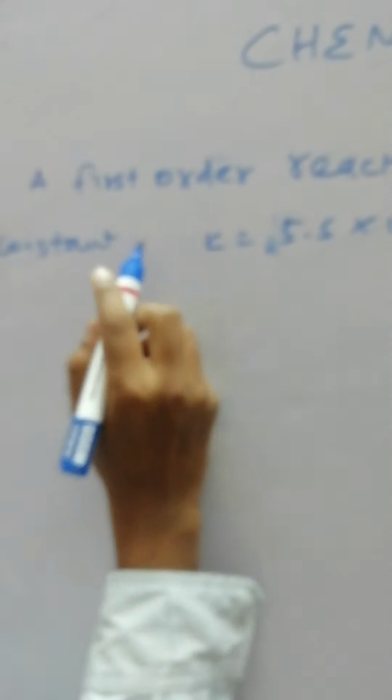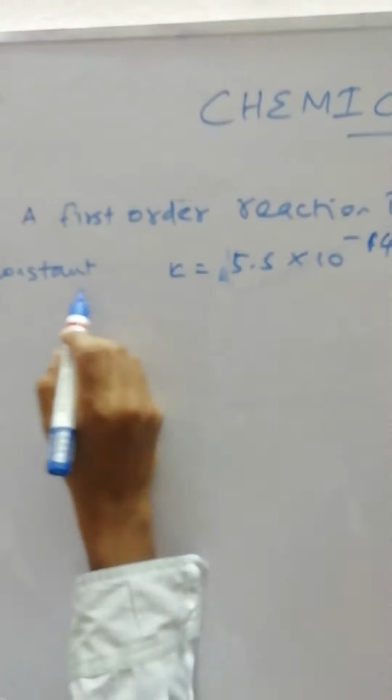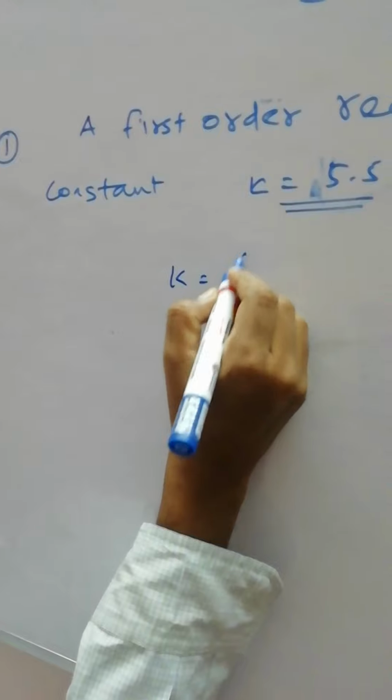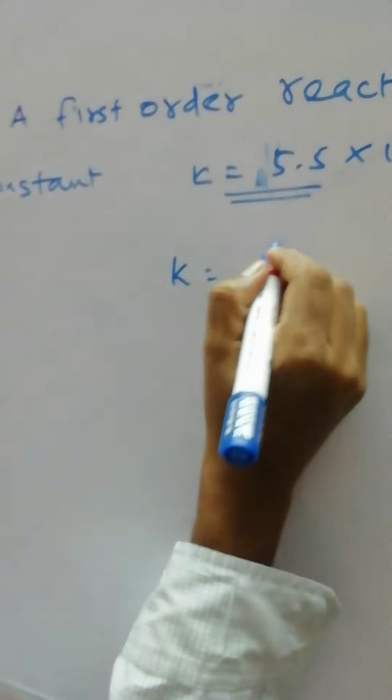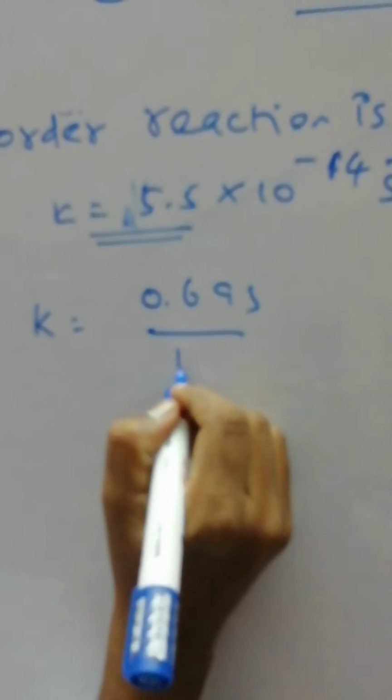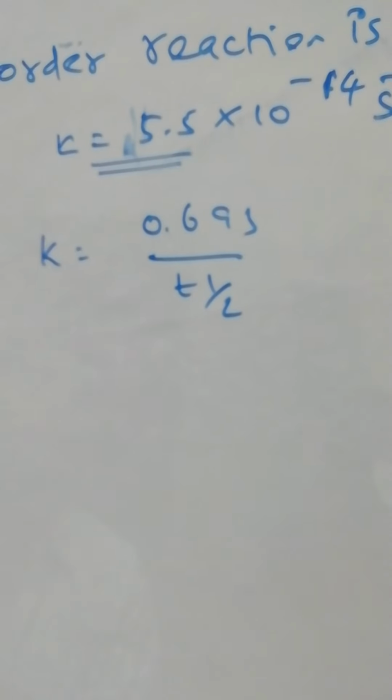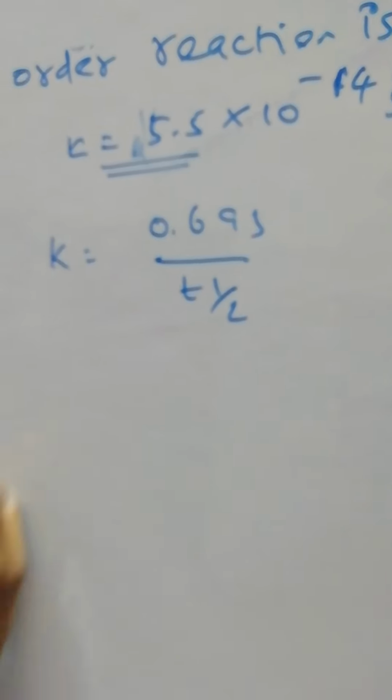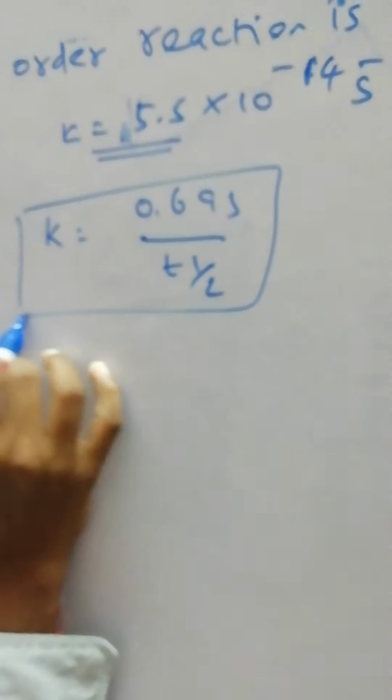So a first order reaction is found to have a rate constant k equal to this. Find the half-life of the reaction. k is equal to 0.693 by T half. This is the formula for the half-life period of a first order reaction.